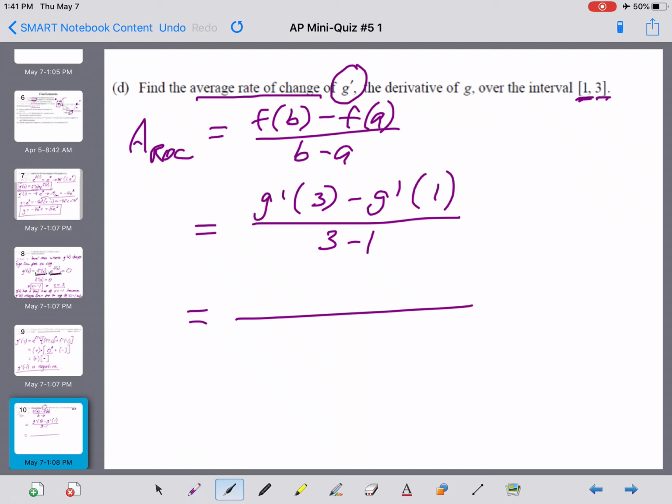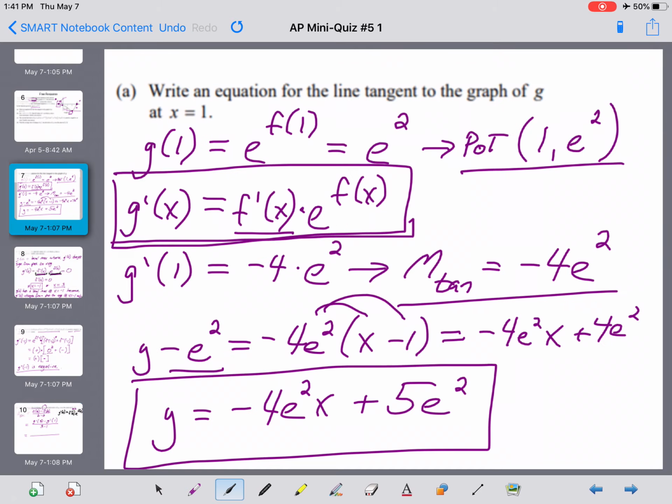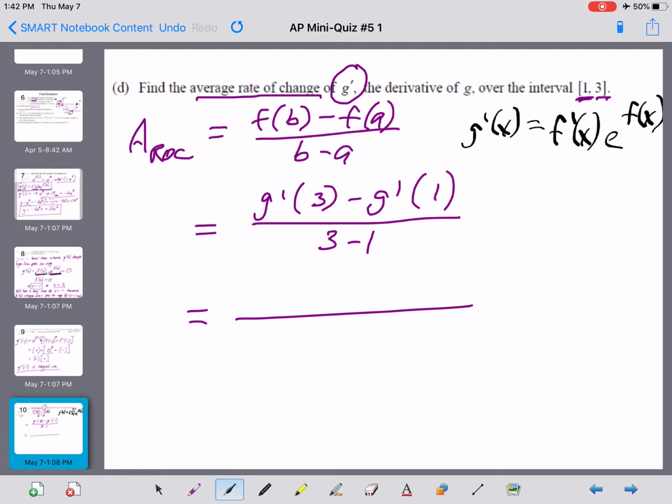So let me write this out one more time, that g prime of x, I better go back and double check this, but I believe it was f prime of x multiplied by e to the f of x. Let's go back and look at that again. G prime of x was equal to f prime of x times e to the f of x. Yep, and that's what we wrote down there.